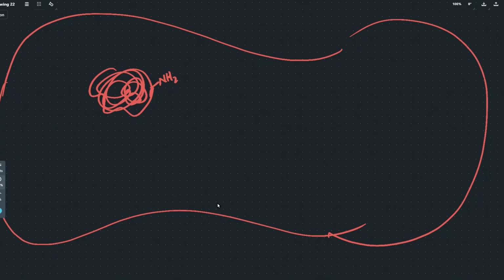And this is called carbaminohemoglobin. I think about 20% of the CO2 is transported through this mechanism.